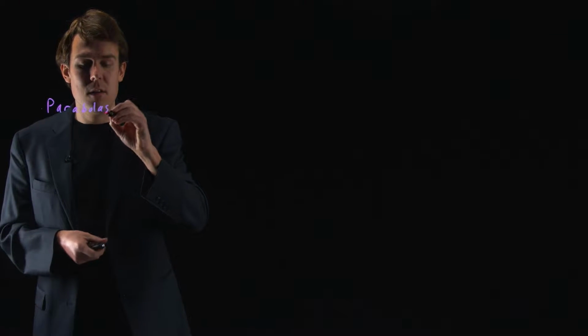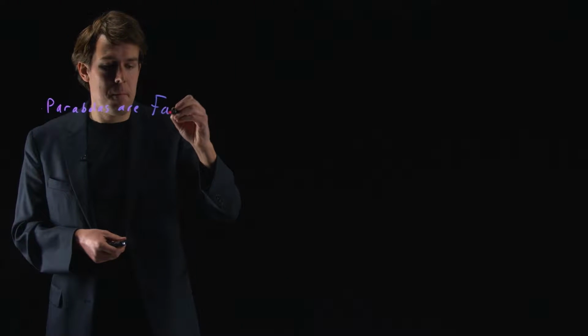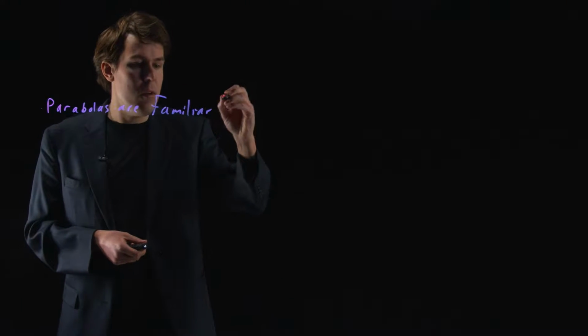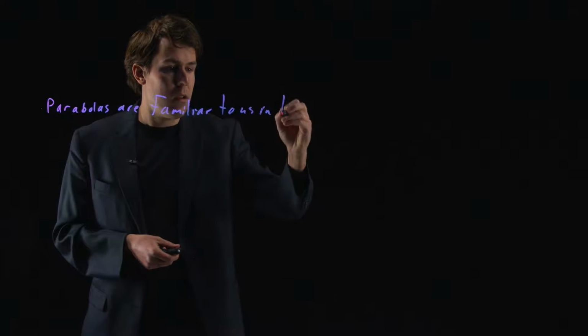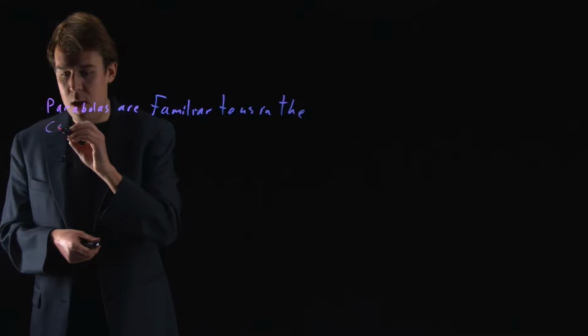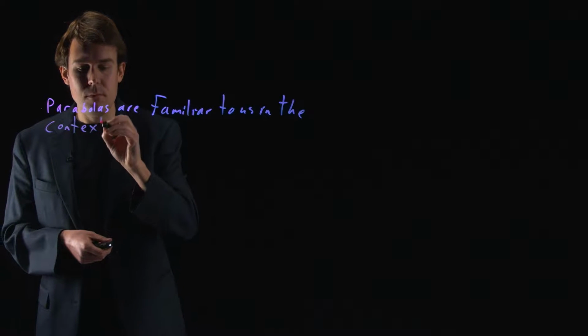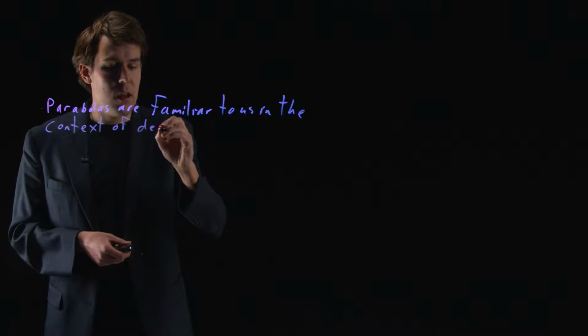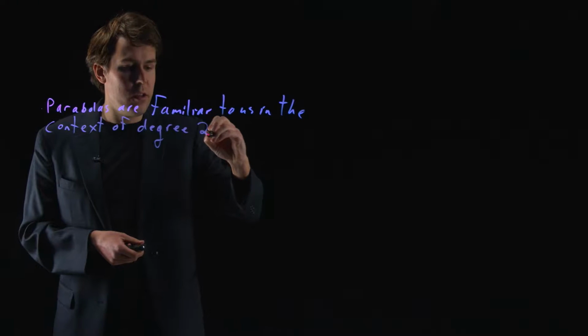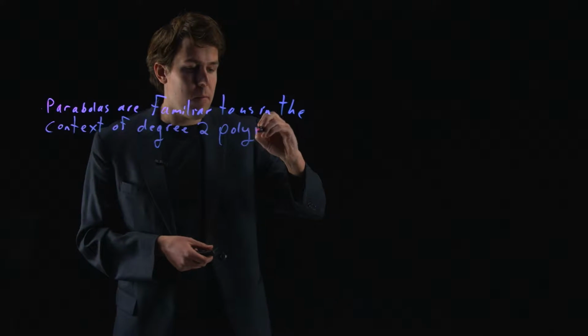Welcome back. We're going to continue our study of conic sections by looking at parabolas. These are things we've already seen in the context of studying second-degree polynomials. So parabolas are familiar to us in the context of degree 2 polynomials.